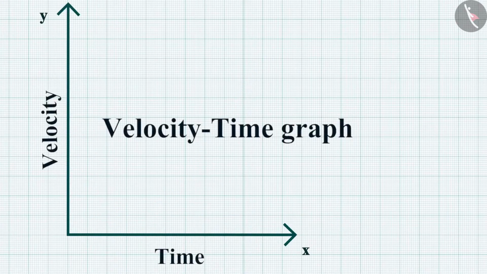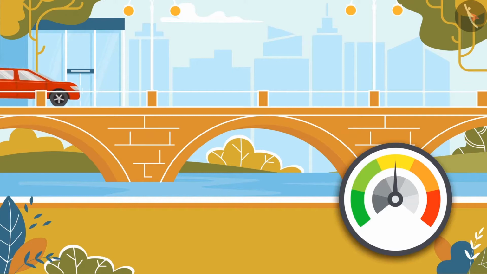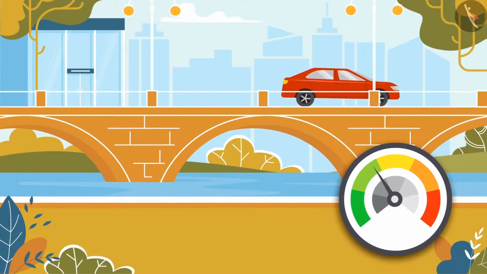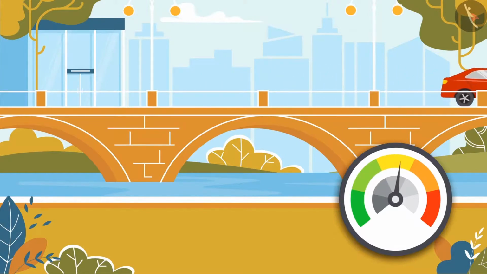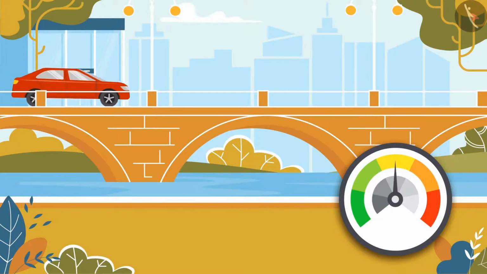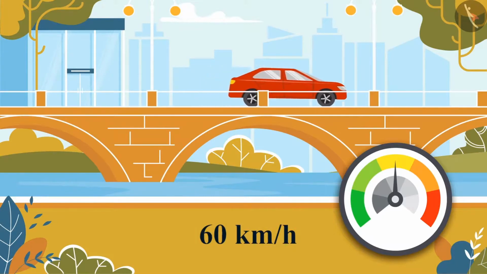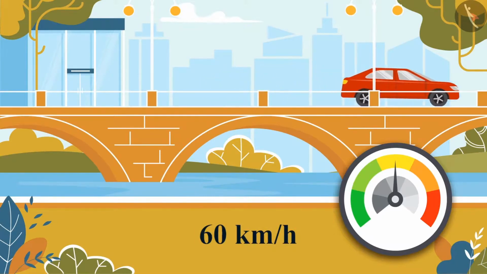Now, let's study the velocity time graph. The variation in velocity with time for an object moving in a straight line can be represented by a velocity time graph. Suppose a car is moving at a uniform velocity of 60 km per hour in a certain direction.